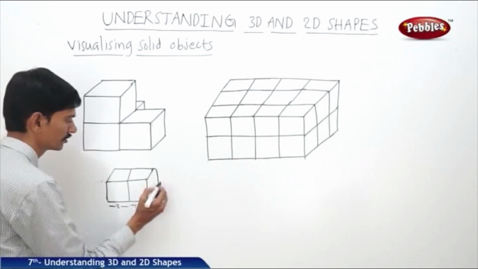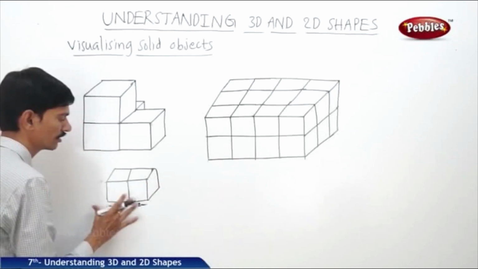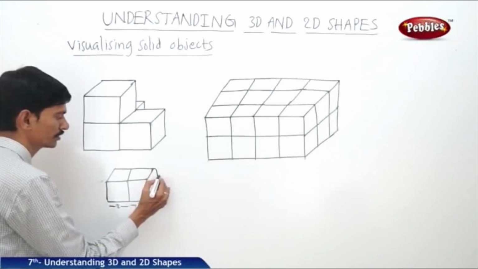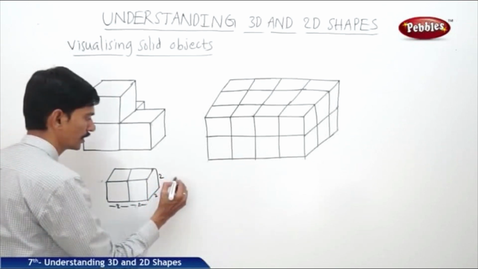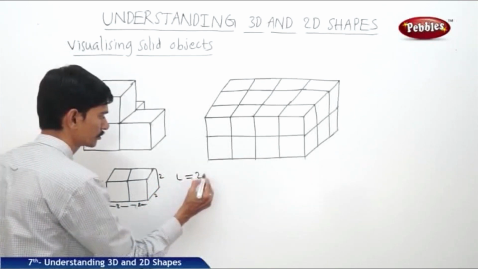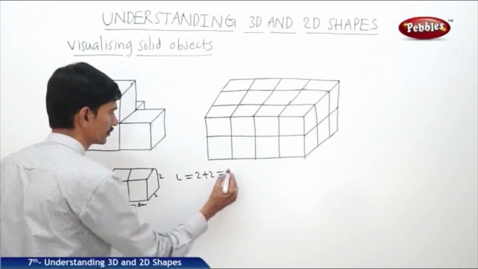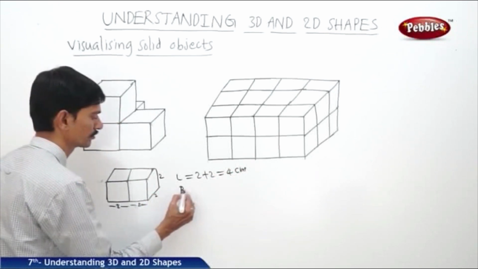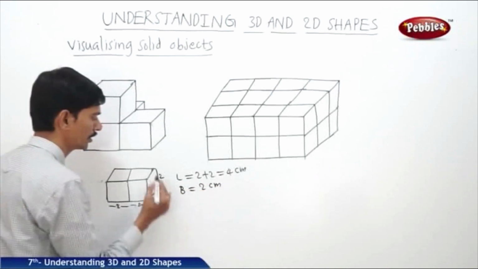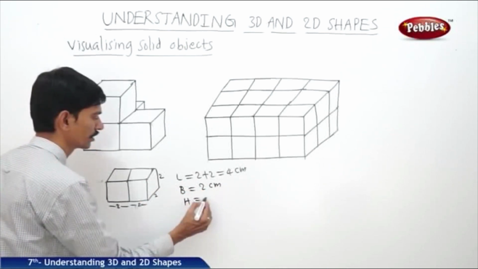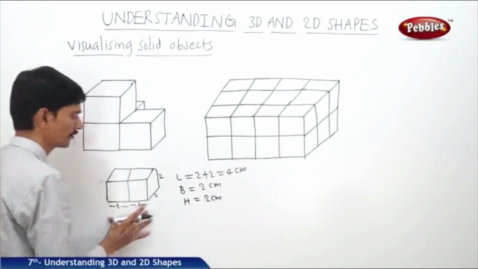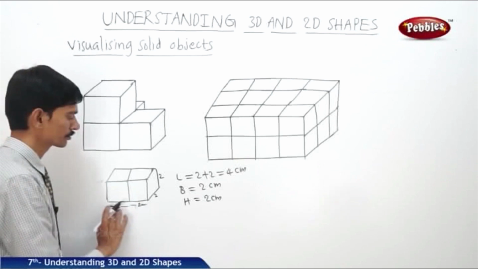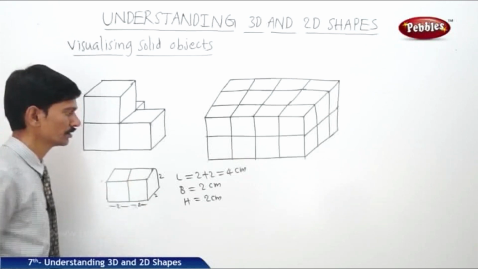Then what is the length of the cuboid so formed here? This side is 2 and this side is also 2 centimeters. Now the length of the cuboid equals 2 plus 2 equals 4 centimeters, and the breadth is the same 2 centimeters and the height is also 2 centimeters. So only the length of the cuboid will be changed. This is the sum of the lengths of the 2 cubes in the cuboid.